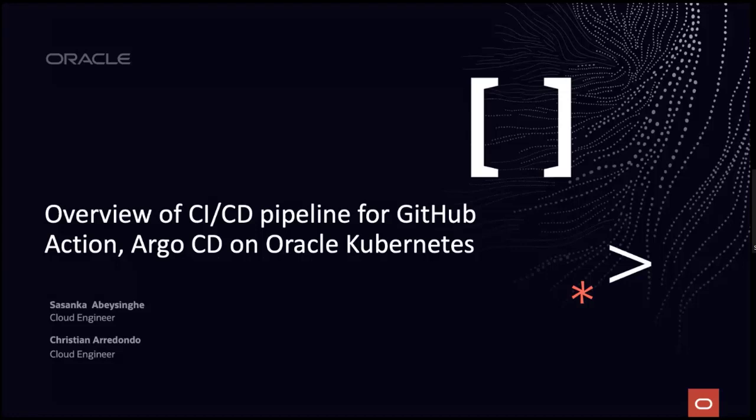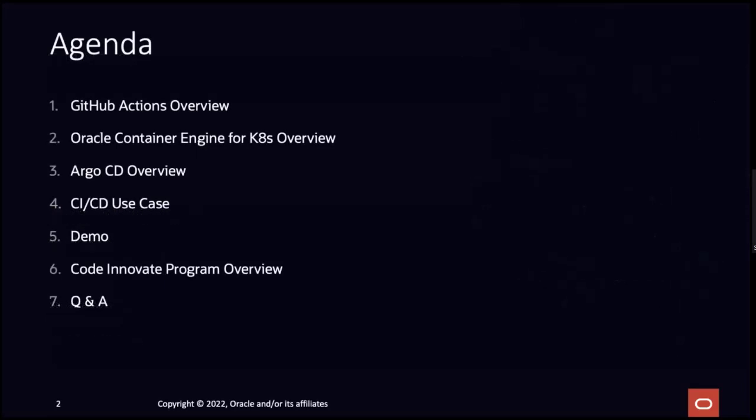I have almost 16 years of experience in software development. Today I'm going to give a cloud coaching seminar on an overview of the CI/CD pipeline for GitHub Actions and Argo CD on Oracle Kubernetes. For today's agenda, I will start with a GitHub Actions overview, and then go with the Argo CD overview and the Oracle Kubernetes Engine, OKE, overview.